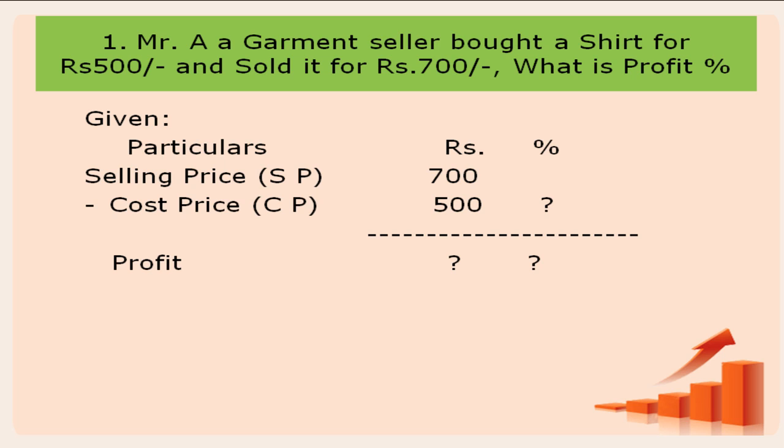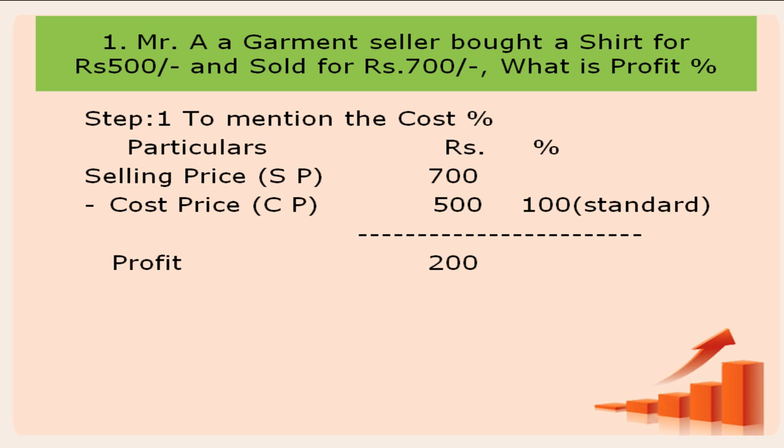We are going to the next step. Here we have to mention the cost price percentage. Cost price percentage for all the given situation will be 100. So selling price is 700, cost price is 500 and cost price percentage is 100.